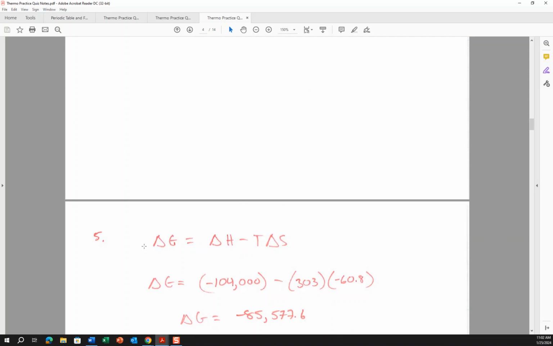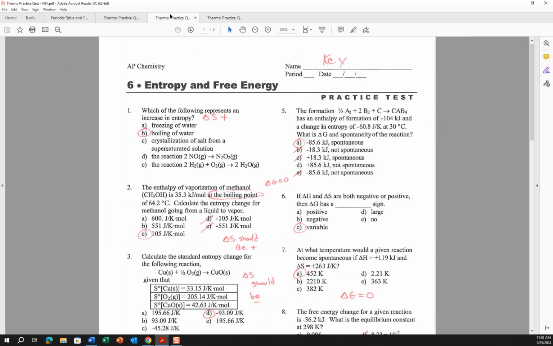That's it. Now, let's go ahead and eliminate the answer choices that don't make sense. If delta G is a negative value, then the reaction is spontaneous. So you can't have a negative delta G and it's not spontaneous. So B doesn't make sense. You can't have a positive delta G and the reaction be spontaneous. So C doesn't make sense.